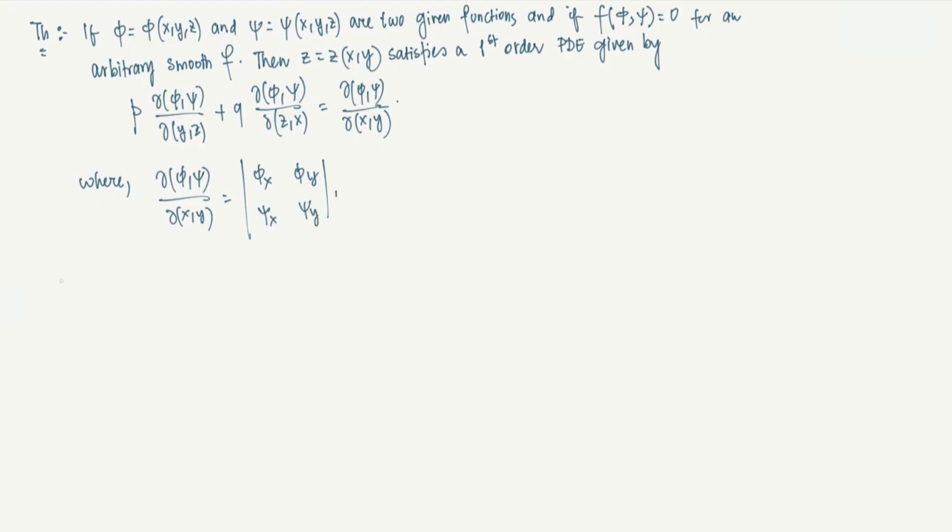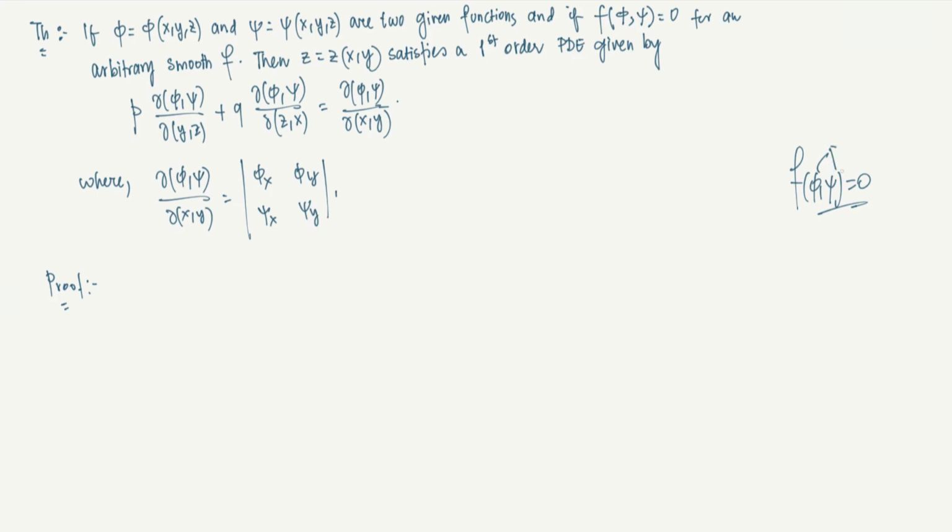Let me quickly give you the proof of this thing. The proof is very easy. Basically, you are given a relation f of phi and psi equals to 0, where phi and psi are functions of x, y and z.